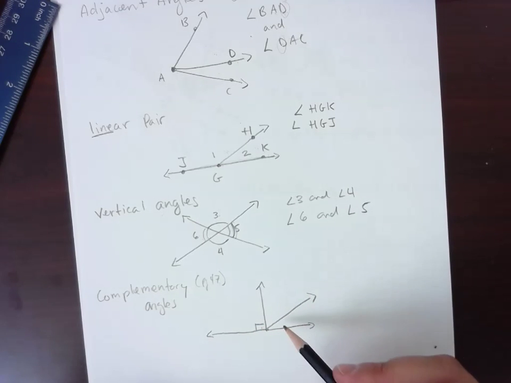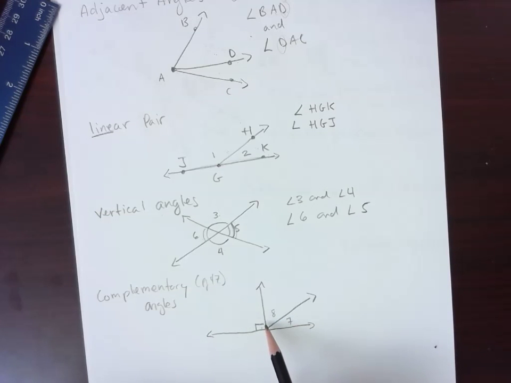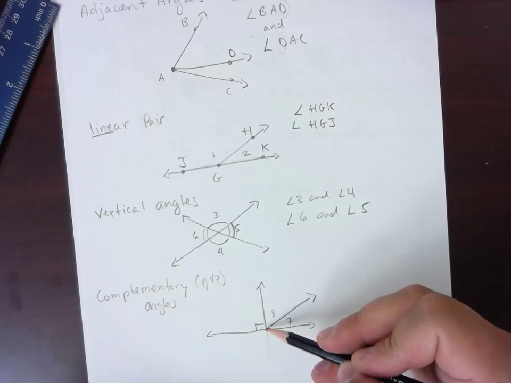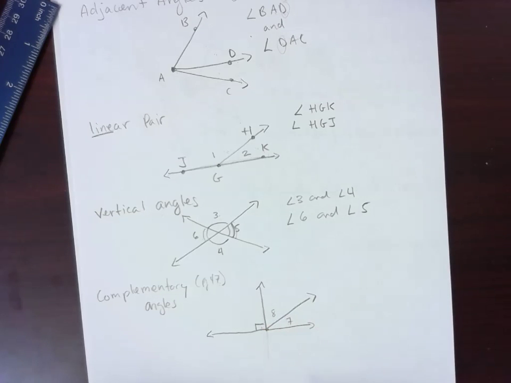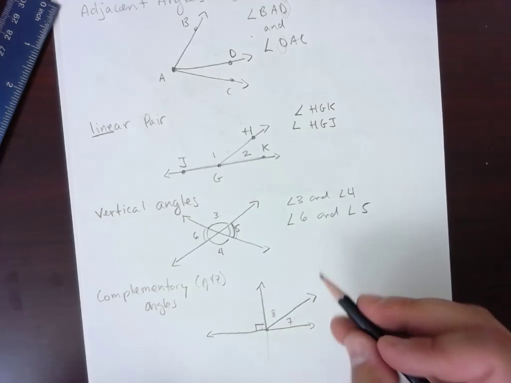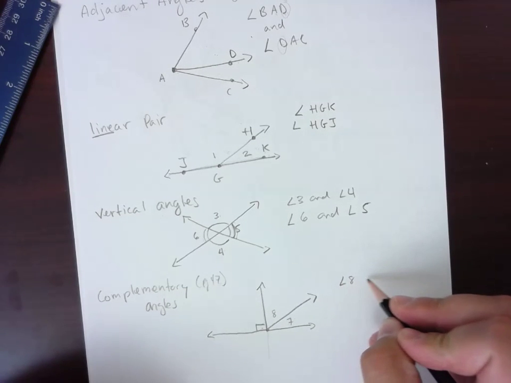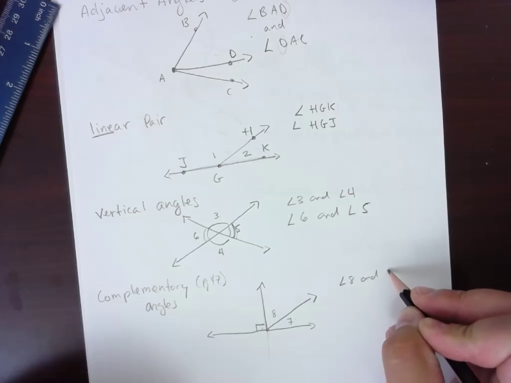But I can assume that this angle right here, 7 and 8, would add up to 90 degrees because I am told that this is an intersecting 90 degree angle. So 8 and 7 would be examples of complementary angles in this case.